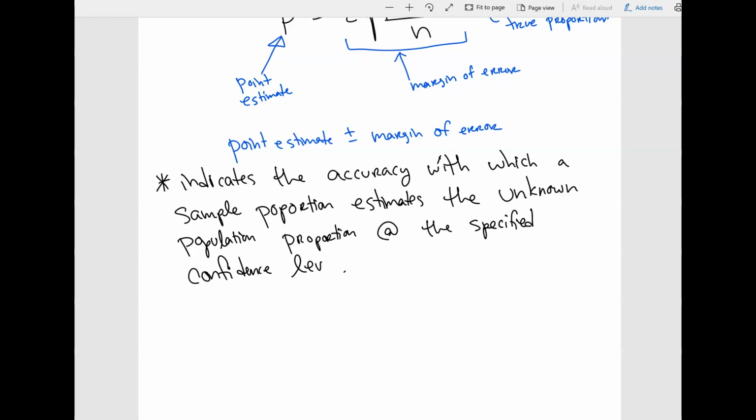Okay, so this margin of error basically indicates the accuracy with which a sample proportion estimates the unknown population proportion at the specified confidence level.